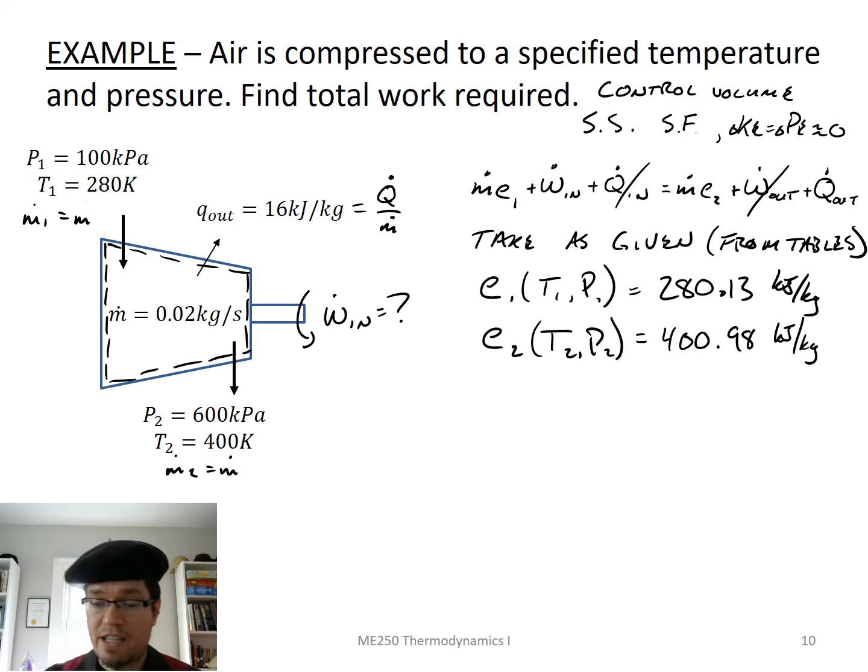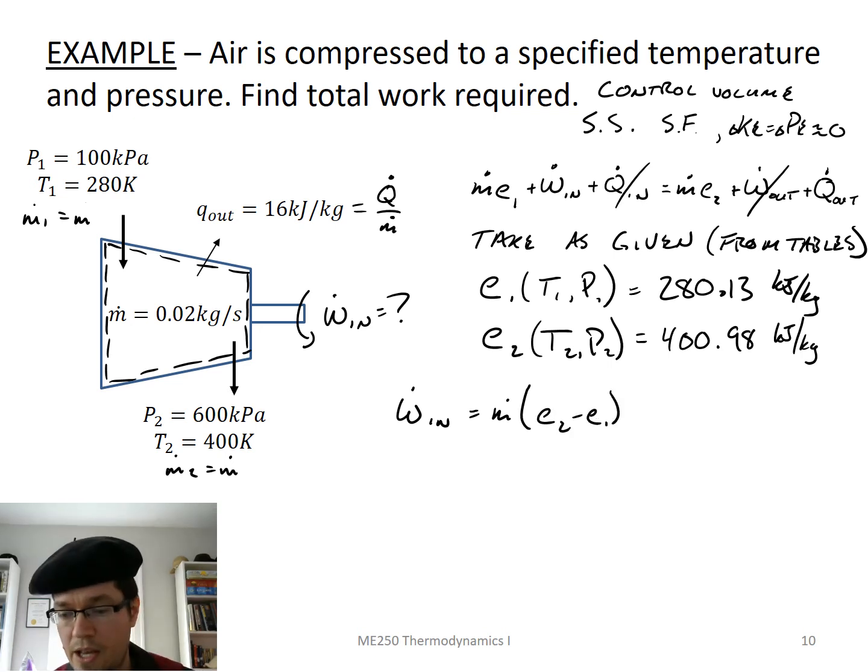We can recast the above equation so that W dot in, the thing that we're trying to find, is m dot times the change in flow energies, E1 minus E2. And then W in has to be that much higher to overcome the loss of Q out times m dot.